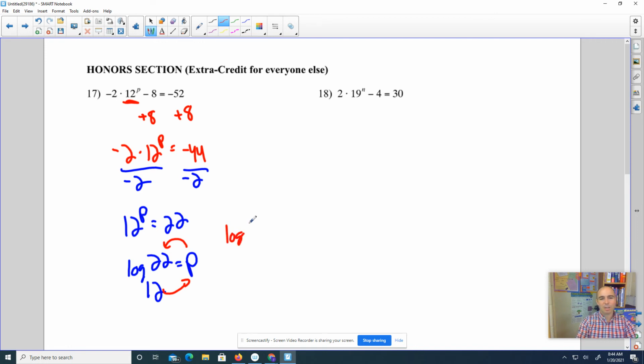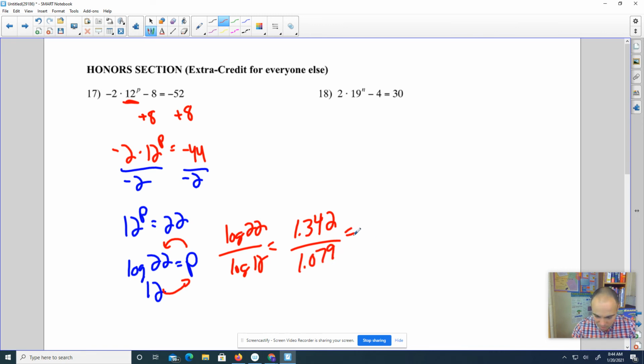So log 22 divided by log 12. Let's see. So we got log 22 equals 1.342. And log 12 is 1.079.